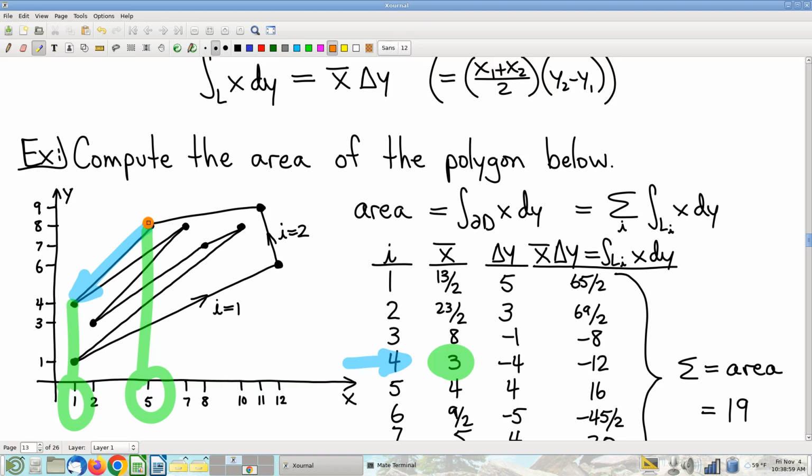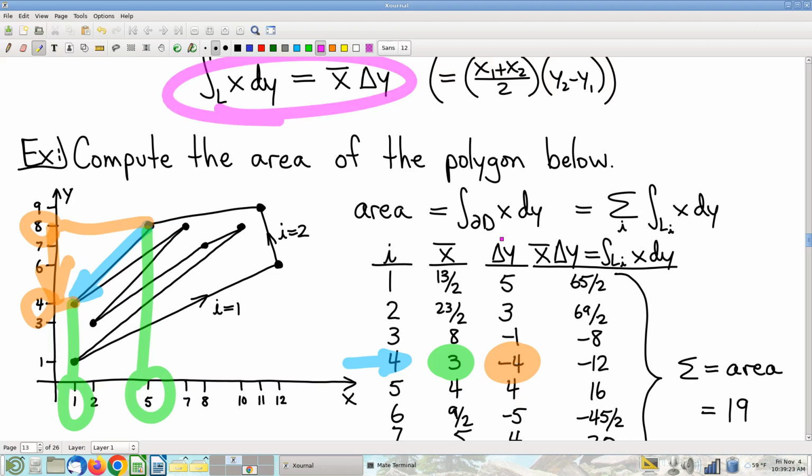Well, y started at 8 and ended at 4. So that means that y decreased by 4, thus minus 4. Same idea, you get a minus sign with the change in y, right? But anyway, easy to compute. And then again, the integral on that term, the product of x bar and delta y, that product is easily minus 12.